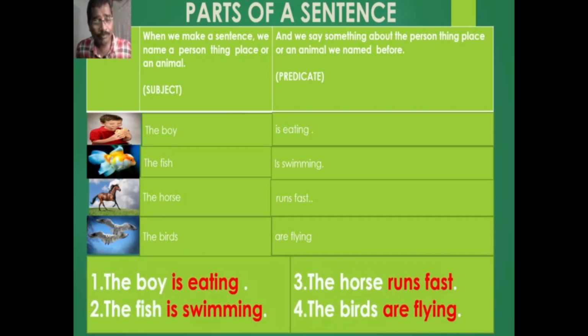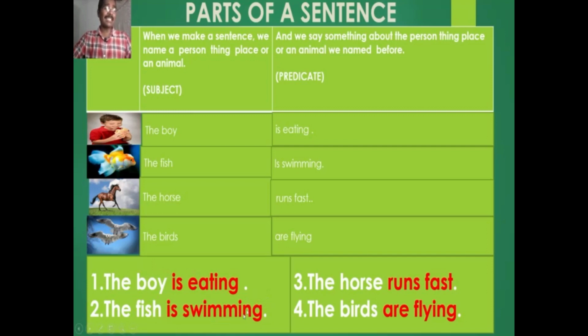You can see there are four sentences. The boy is eating, the fish is swimming, the horse runs fast, the birds are flying. All these are sentences. You can see the boy is the subject, is eating is the predicate. Like that, the parts of the sentences which are white in color are the subjects of the sentences.